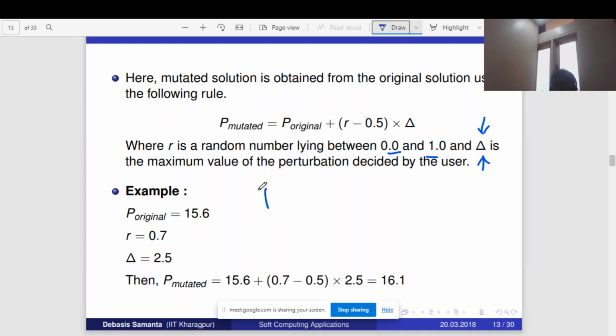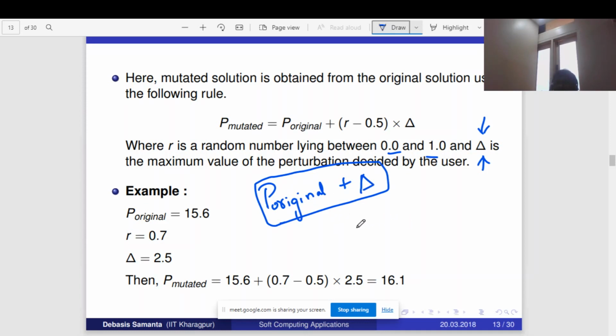If P original is some value, then after mutation, this delta ensures that the mutated value will not be greater than P original plus delta. The upper limit will be P original plus delta. Is it clear what I am telling?